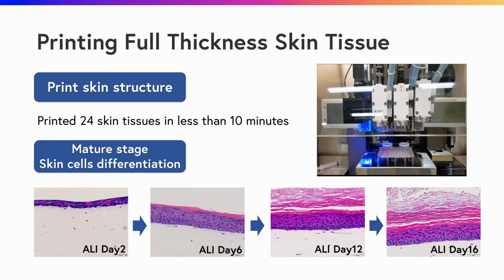It can fully differentiate into functional skin tissue with barrier function in a dish. And now we can use this to test cosmetic products and chemical products, and also for transdermal drug development and medical device development.